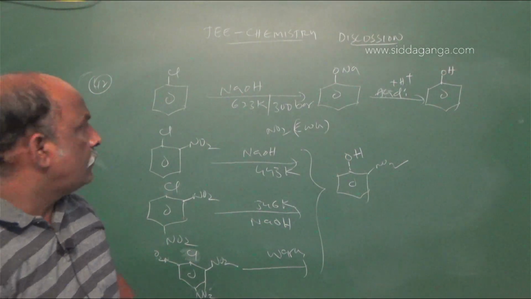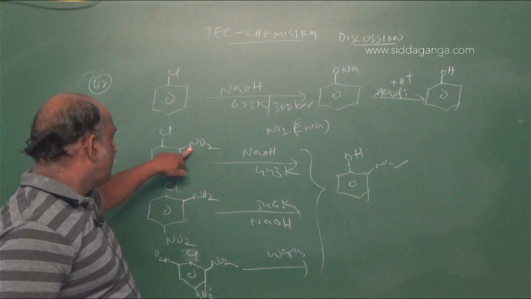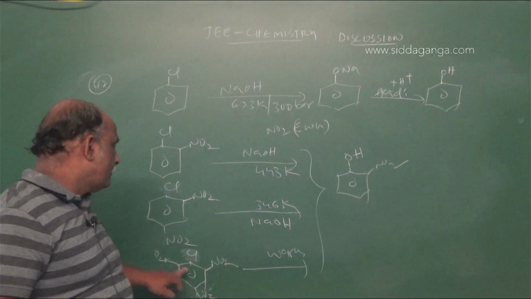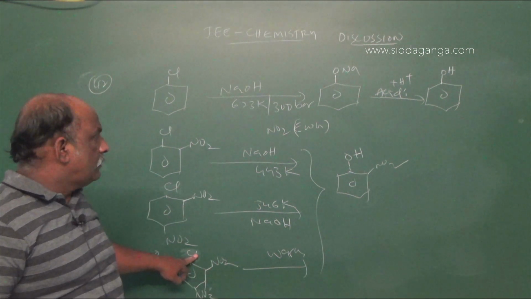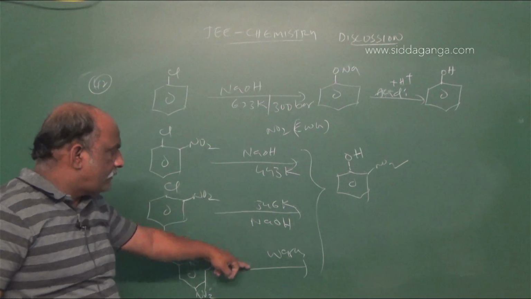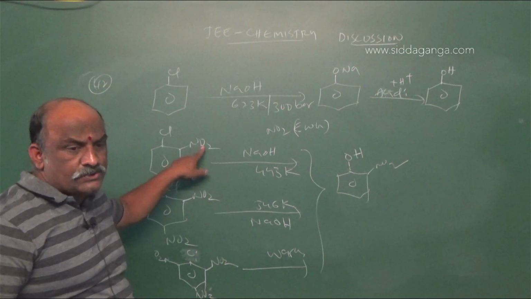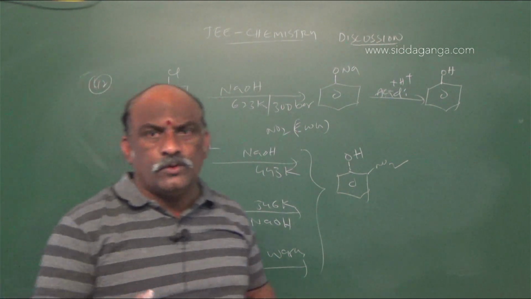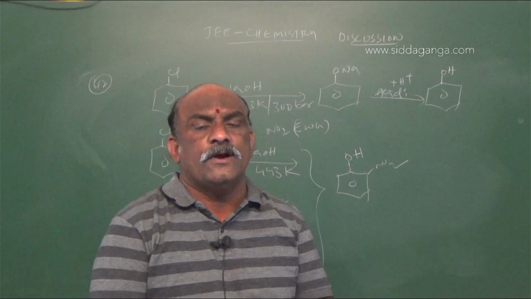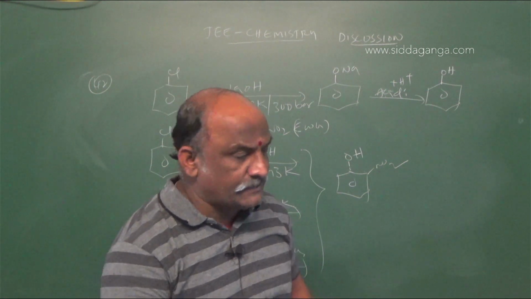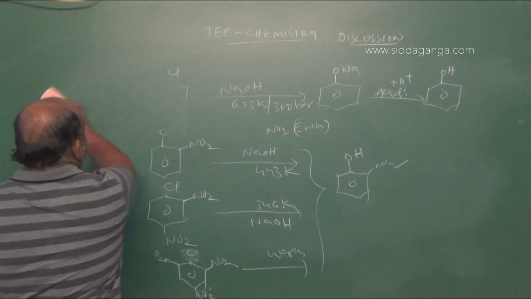So chlorobenzene, 2-nitrochlorobenzene, 2,4-dinitrochlorobenzene, 2,4,6-trinitrochlorobenzene: the temperature gradually decreases because the NO2 group withdraws electrons from the ortho and para positions. Next, 43.